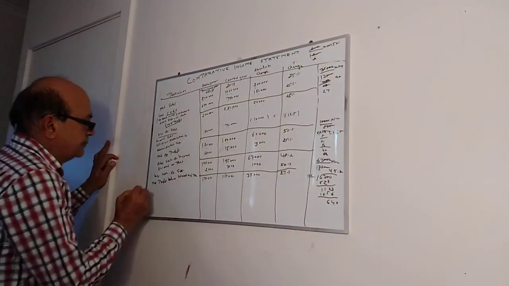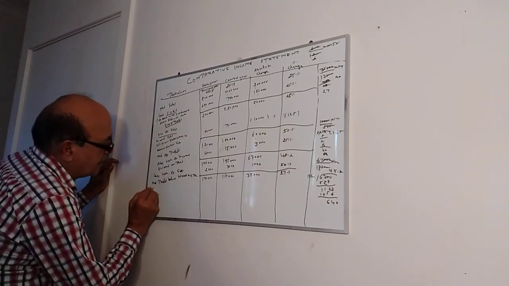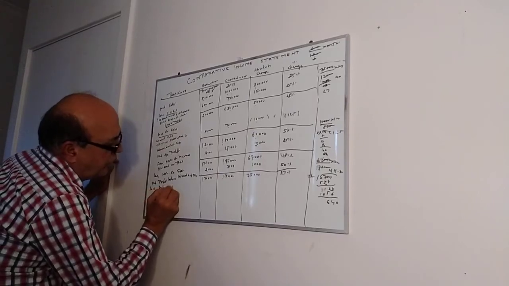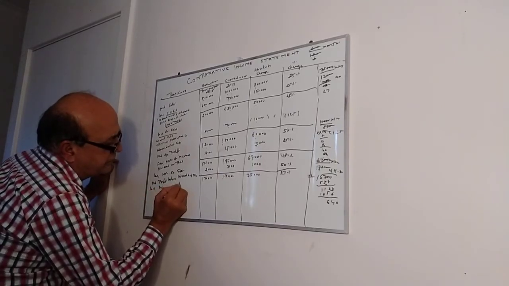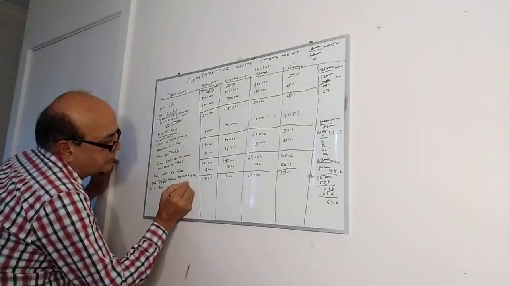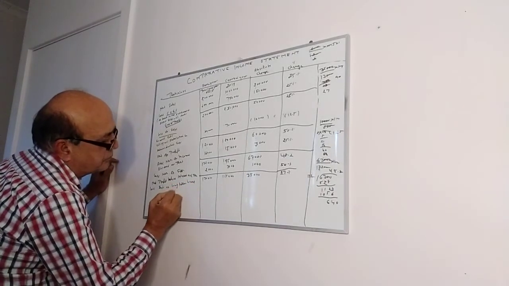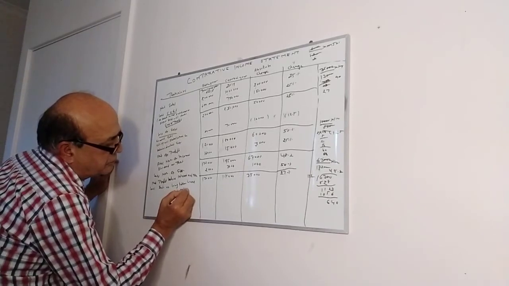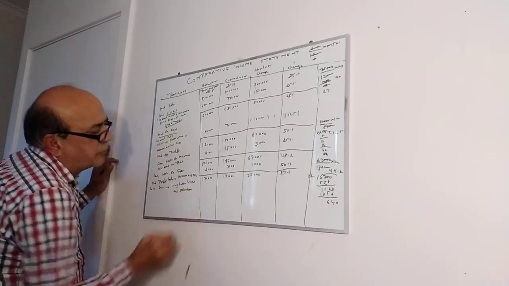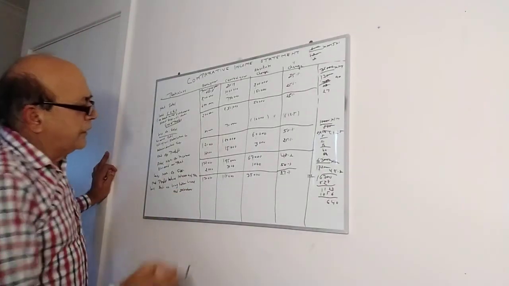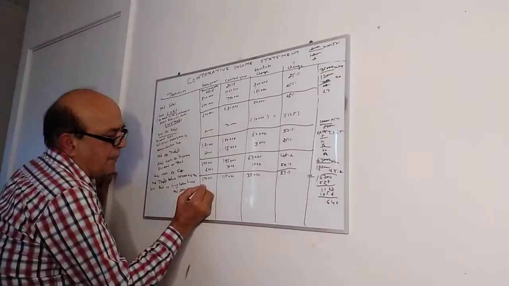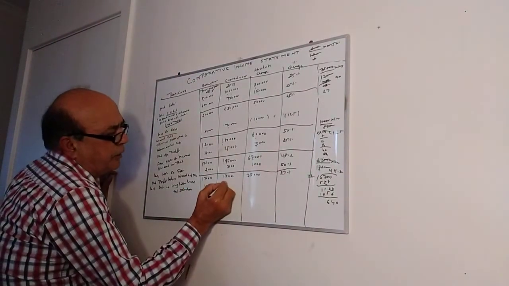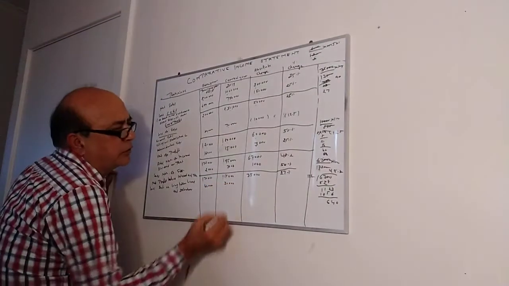Less interest on long-term loans and debentures. Suppose in this year you have paid interest 40,000 and here you have paid 30,000.